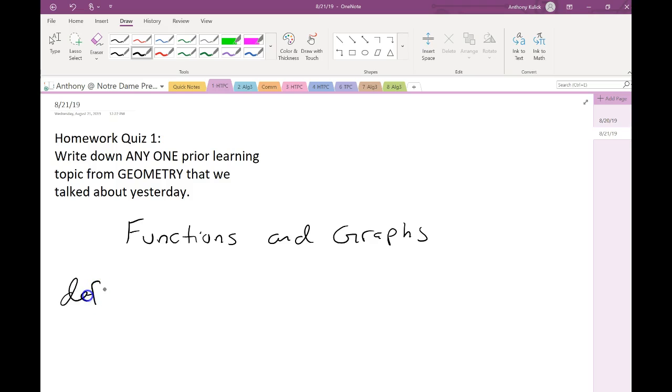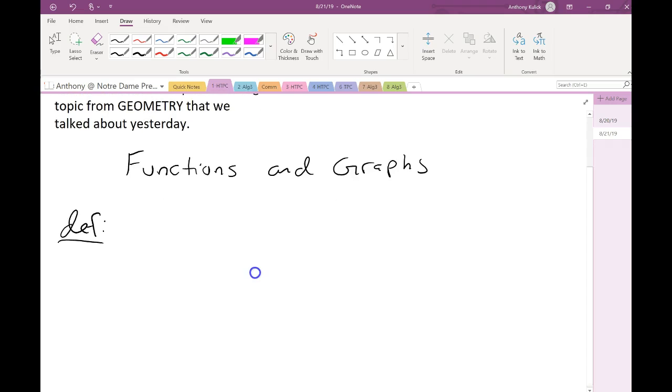So we'll start with a definition. This definition is going to be a function.